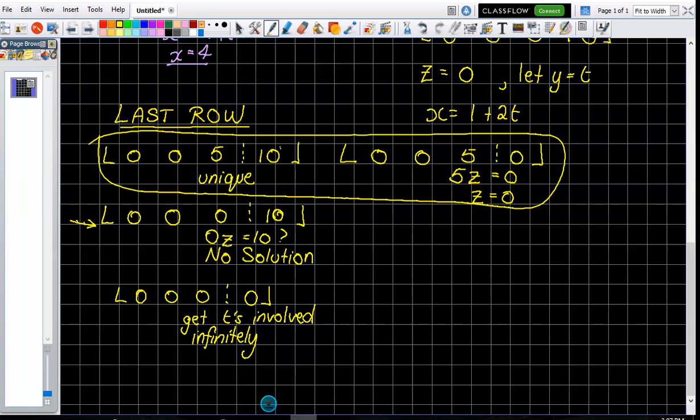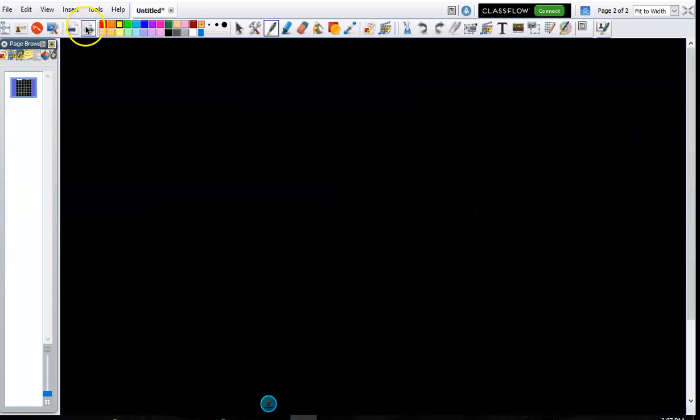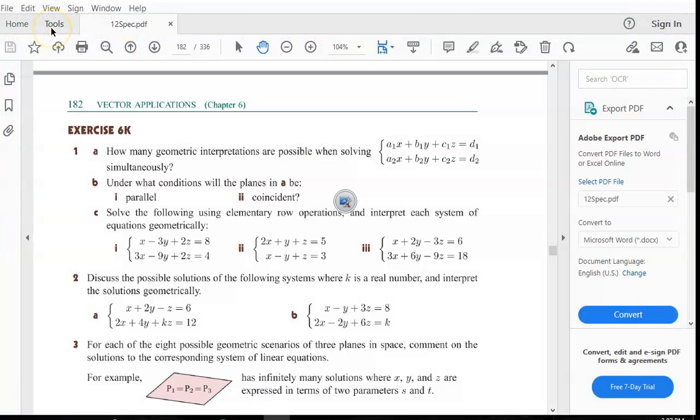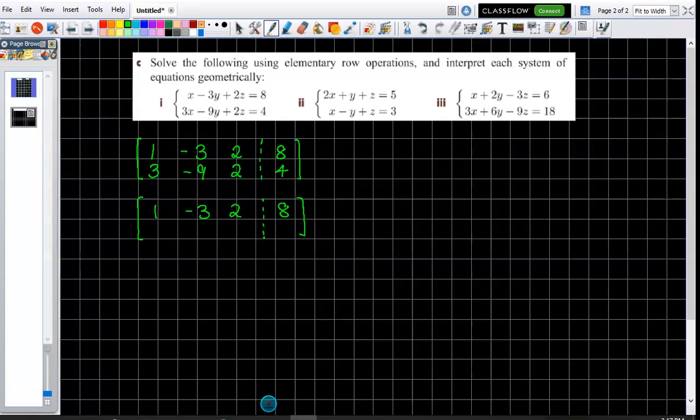So let's do it. Did you want to practice the early ones, or do you want to dive straight in? Maybe do one of these. Okay, I'll give you a moment. With these ones, you've got only 2 bits of information but 3 unknowns, so you do the same thing. You would try to get a 0 here.